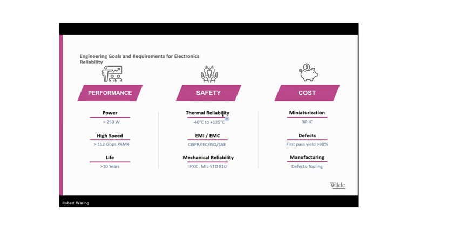Performance, safety, and cost are critical considerations in the design of electronic systems. Designs are required to reliably perform their intended functions in a wide variety of demanding environments. If electronic systems get too hot or have any mechanical failure, they may not be able to perform their intended functions.